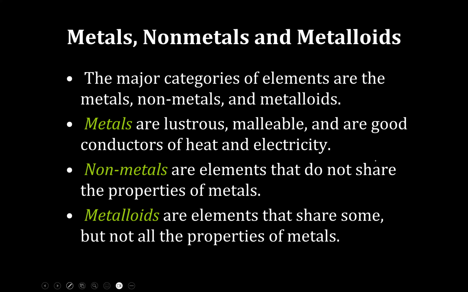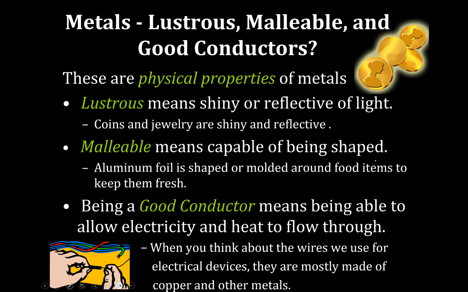So basically, they share properties. What are some of those properties? Let's start with the properties of metals. Metals are lustrous, malleable, and good conductors, meaning good conductors of electricity. Usually, when you do electricity, you use a metal material.